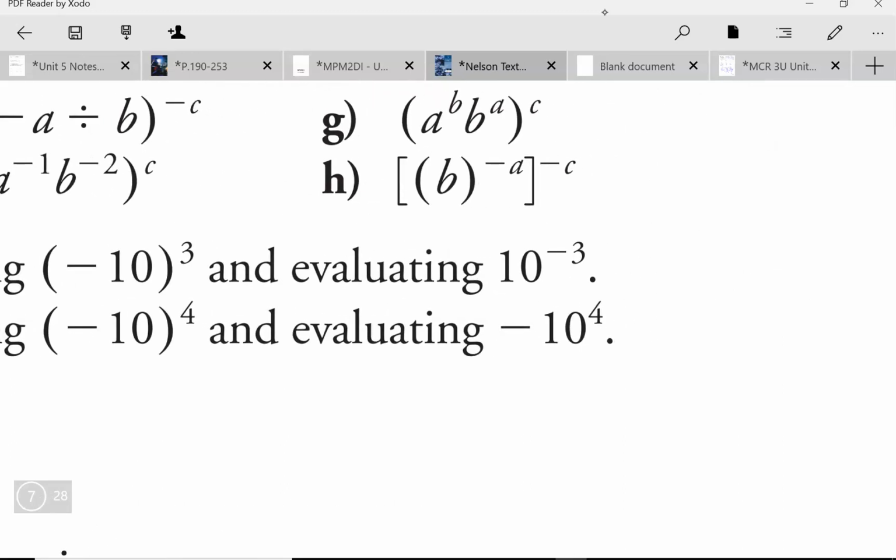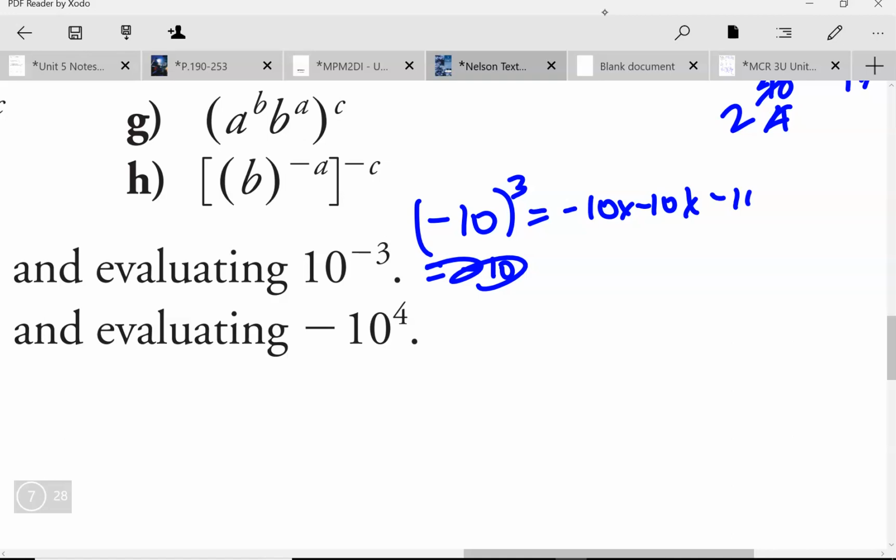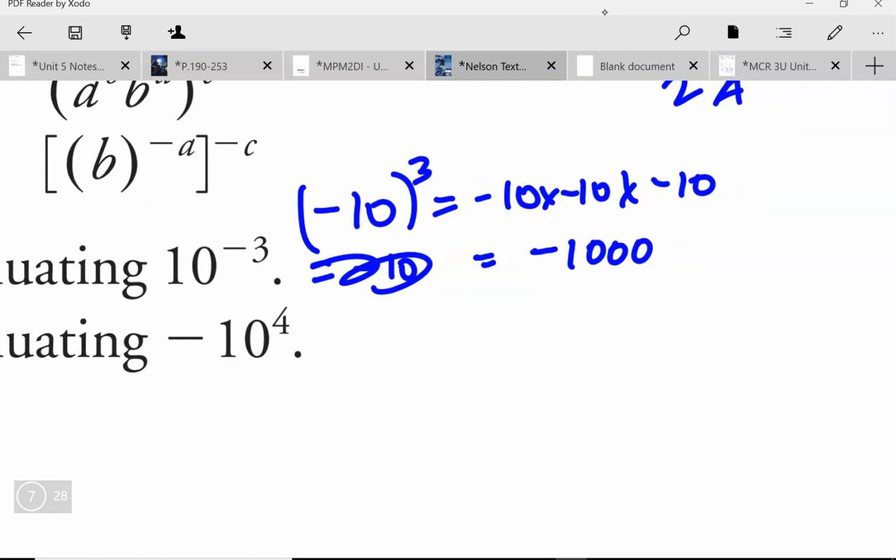Negative 10 to the power of 3 is really just negative 10 times negative 10 times negative 10, which is negative 1000. Again, if this was an even power, the negative would have gone. But the idea here is there's no fraction going around, or numerator denominator switching.